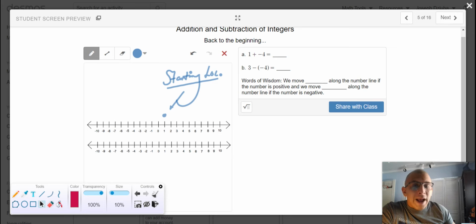If we're going to add a negative value, that would require us to move left along the number line. Even though we are adding, the value that we are adding is negative, thus forcing us to move to the left. So from 1 to 0 is 1 unit, to -1 is 2 units, to -2 is 3 units, and to -3 would give us 4 units.